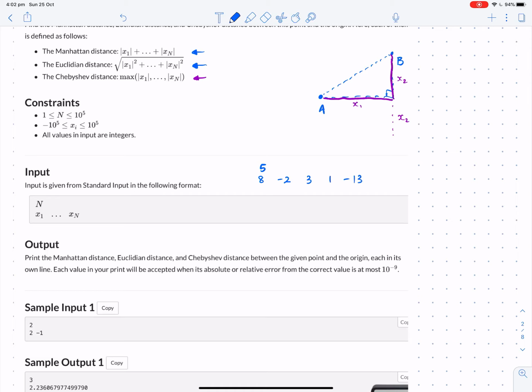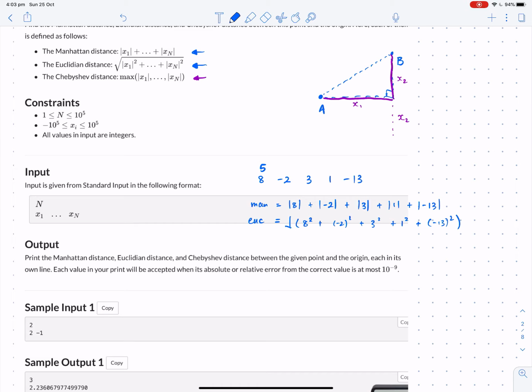Okay, so what we then need to calculate: the Manhattan distance is the absolute value of 8 plus the absolute value of -2 plus the absolute value of 3 plus the absolute value of 1 plus the absolute value of -13. The Euclidean distance is the square root of 8 squared plus -2 squared plus 3 squared plus 1 squared plus -13 squared.